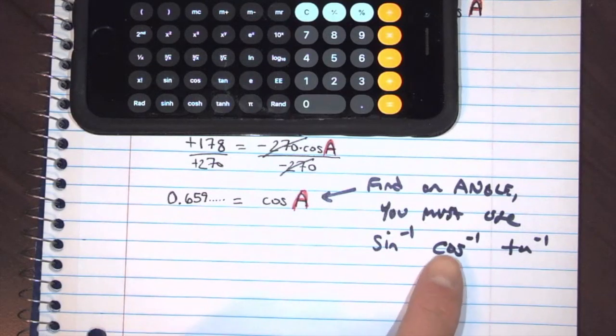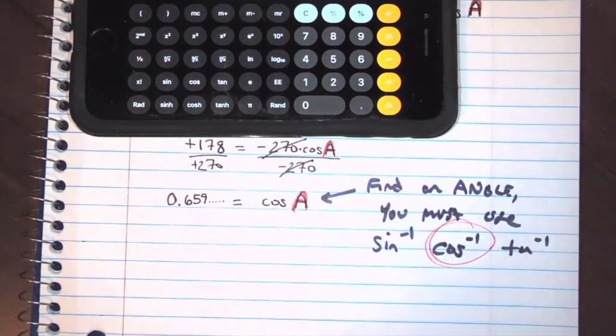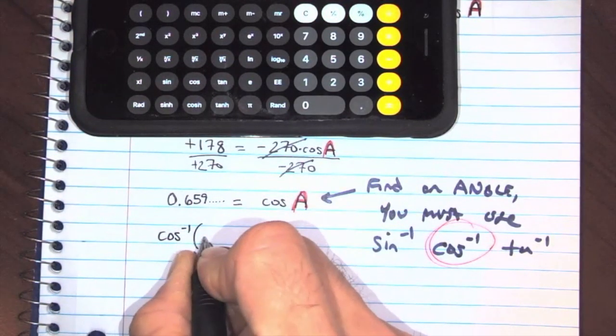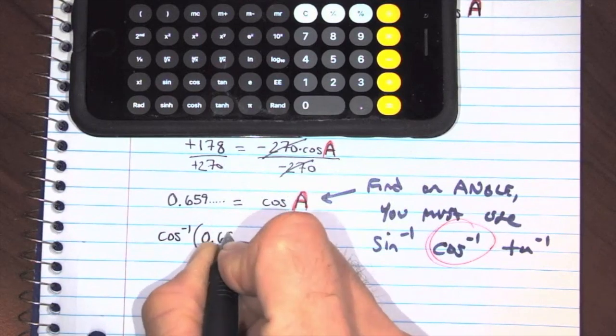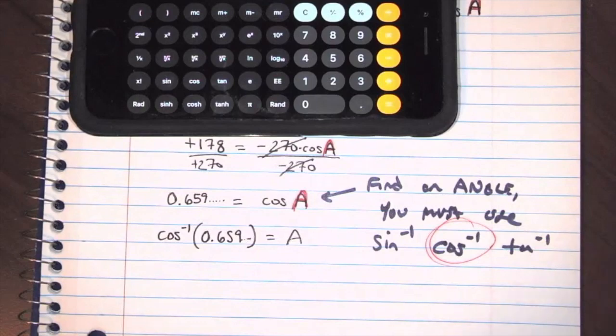We're going to have to use the cosine inverse because we're working with a cosine function. So let's do the cosine inverse of that decimal equals big A.